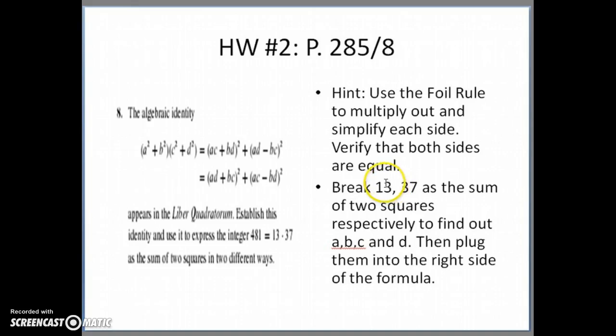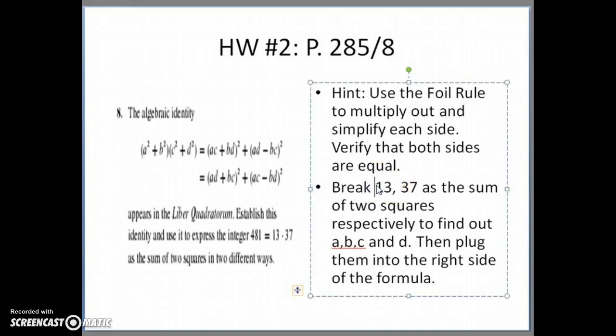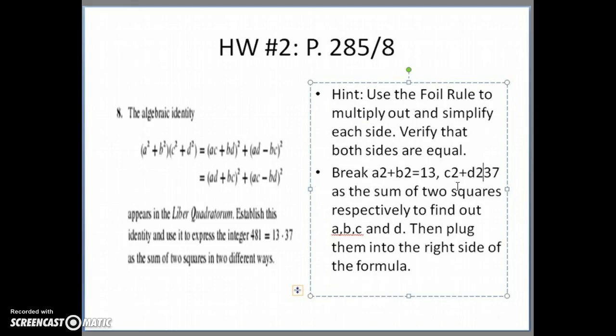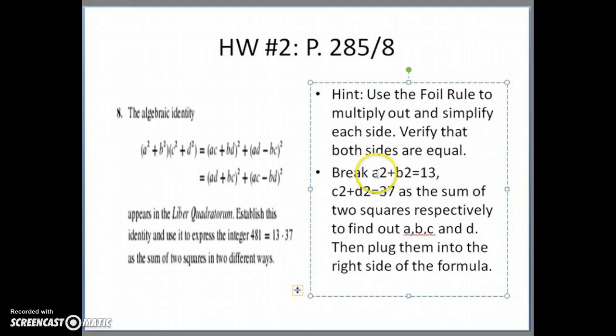Let me write this down here. We have a squared plus b squared equals 13, and c squared plus d squared is 37, and try to find A and B. It's going to be very easy to break 13 as a number squared plus another number squared. Just try numbers like 1, 2, and 3.